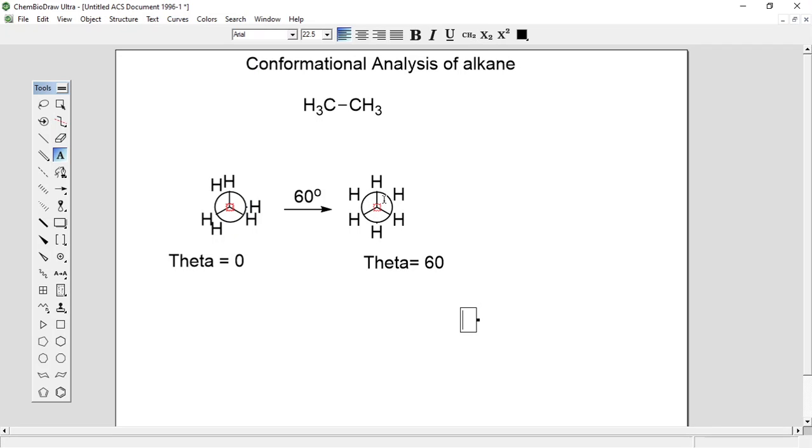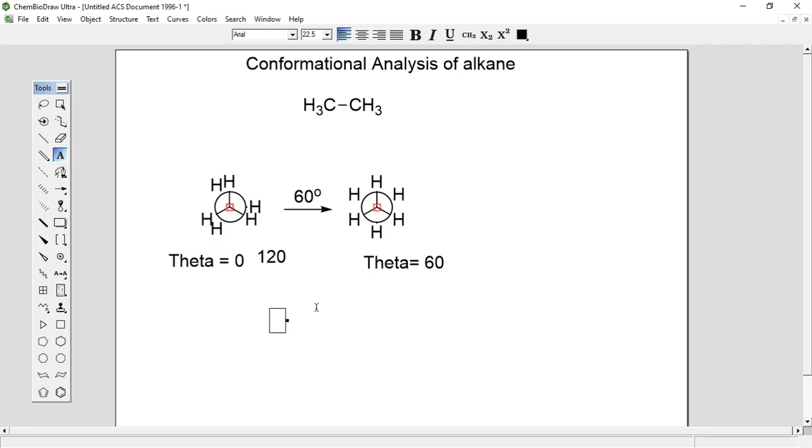Again, when you rotate this first carbon by 60 degrees, at 120 degrees you will again get the eclipsed conformation.